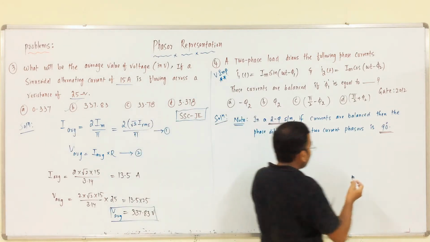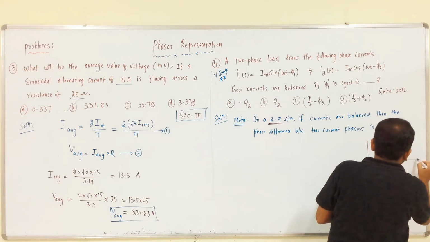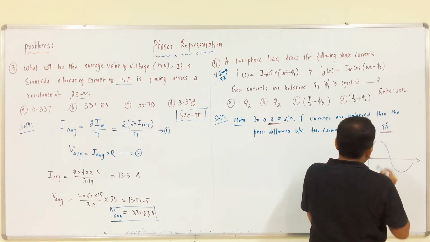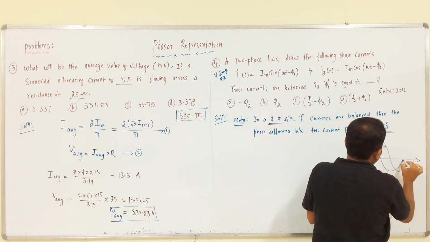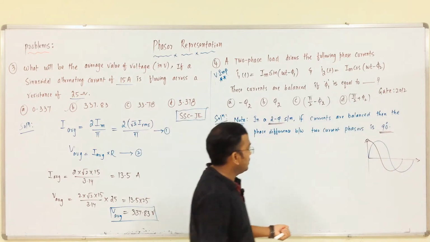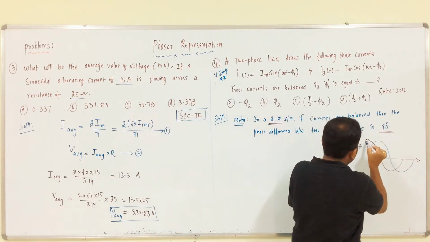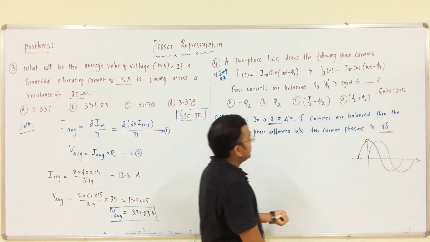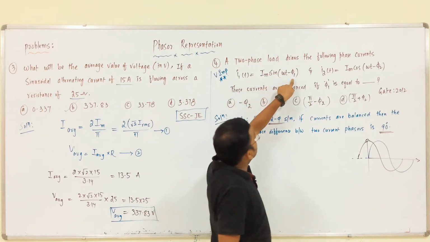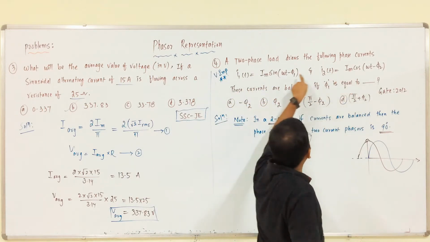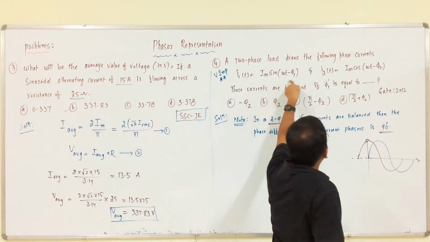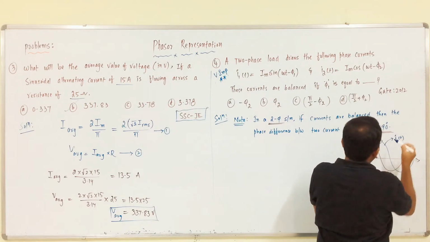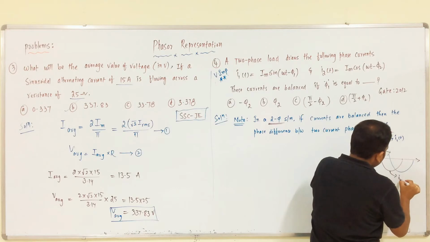For example, this is I1 of t, I m sin omega t, and this is I2, I m cos omega t. Forget about this phi 1 phi 2 right now. I m sin omega t, I m cos omega t, these are sinusoidal quantities. For example, this is I1 of t, and this is I2 of t.